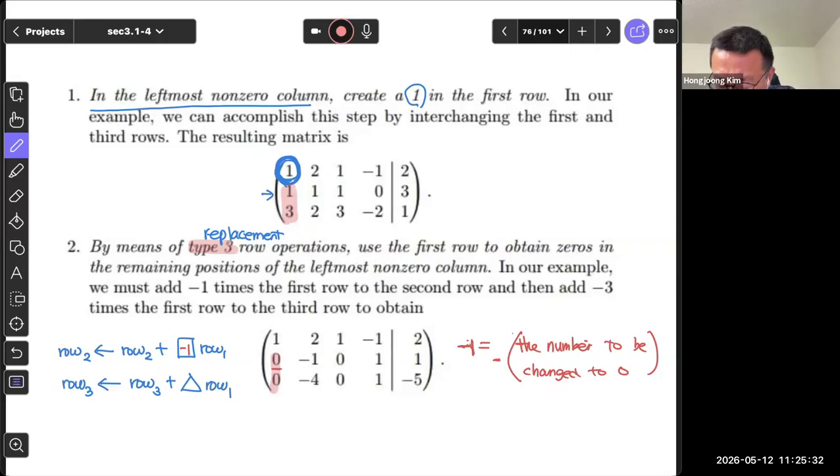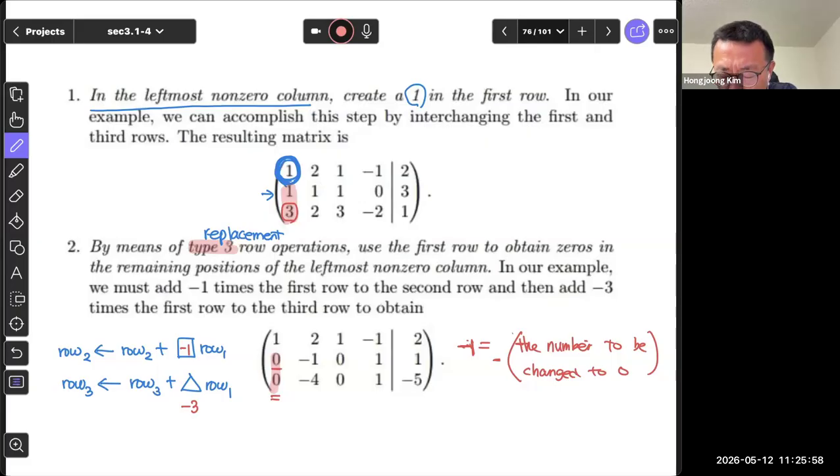And in order to change this 3 to 0, you multiply negative 3 to the first row and then add it to the third row, then 3 will become 0. When you perform these two row operations, the entries in the second and third rows will be changed accordingly, right?